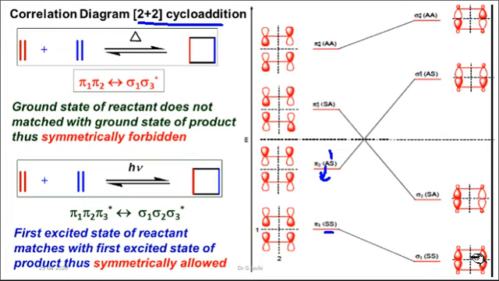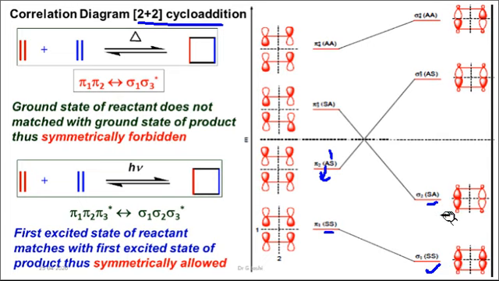Now we'll discuss the symmetry of the product. Similarly, we'll assign symmetry towards the vertical plane as well as the horizontal plane. Therefore, the product, this is a sigma bonded system, where the extent of bonding is maximum. It will be symmetric towards the horizontal plane as well as symmetric towards the vertical plane.